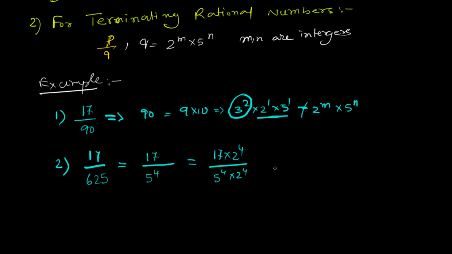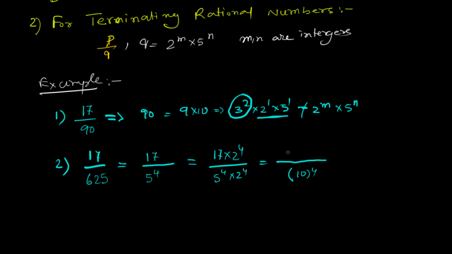If your question is why, it's because 5 to the power 4 into 2 to the power 4 can be written as 10 to the power 4, since we have the same power with different bases, so the bases get multiplied. So 10 to the power 4, and 17 into 2 to the power 4 will give you 17 into 16, that is 272.